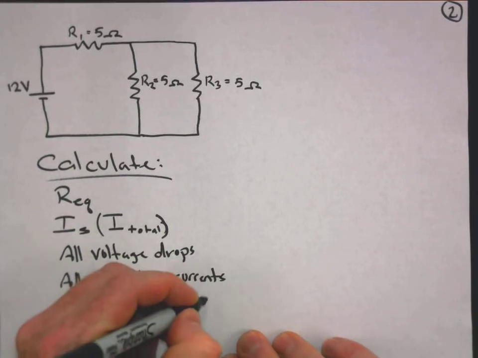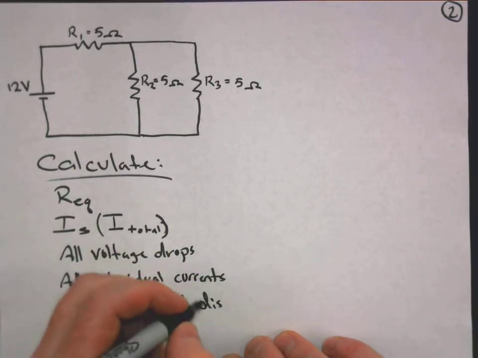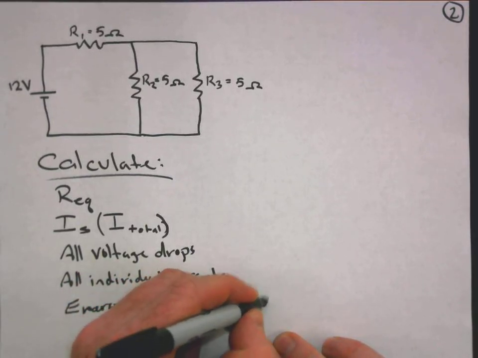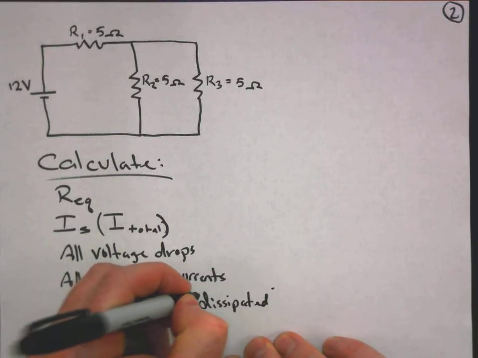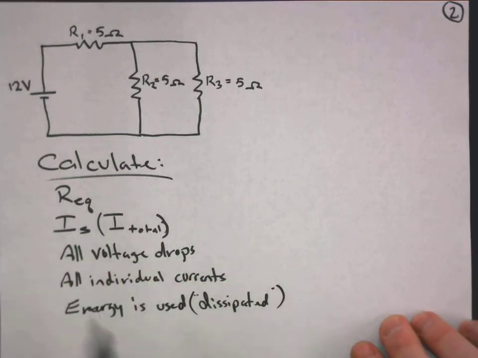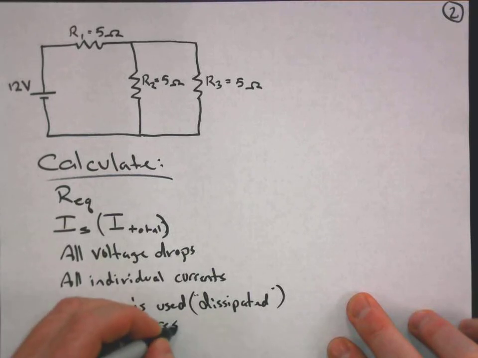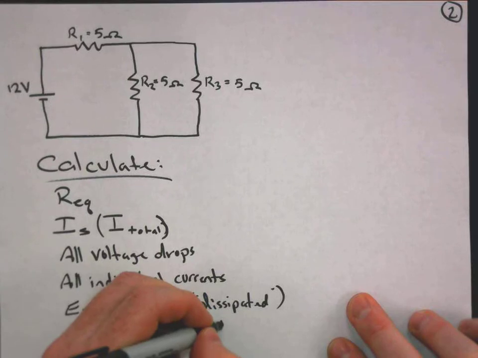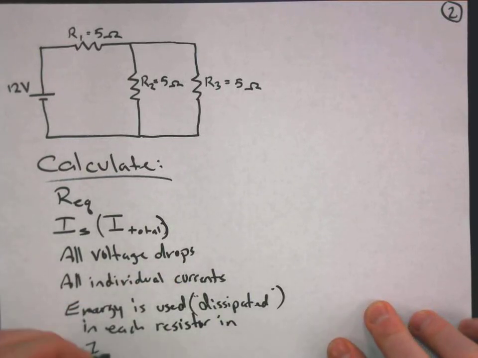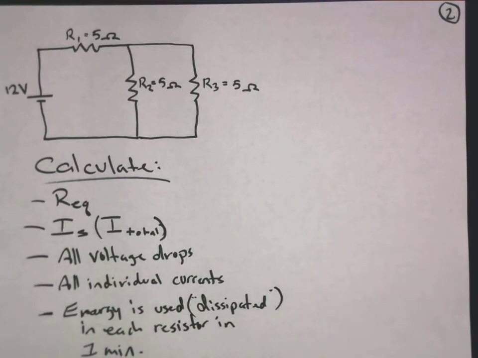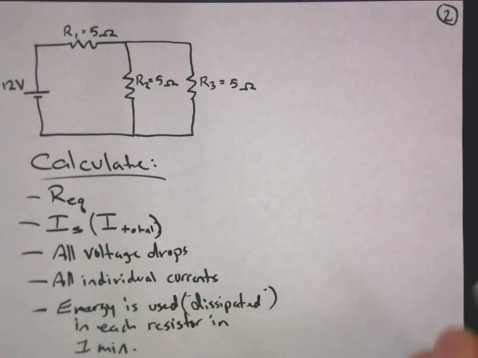We might also use the word dissipated, with 2 S's, used or dissipated in each resistor in, let's say, 1 minute, if we run that for 1 minute. So we're going to find all of these things, and it'll take us a little bit of work. It's not bad, especially once you see the process.